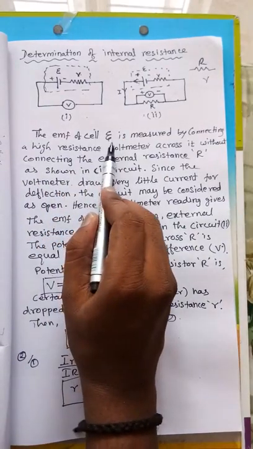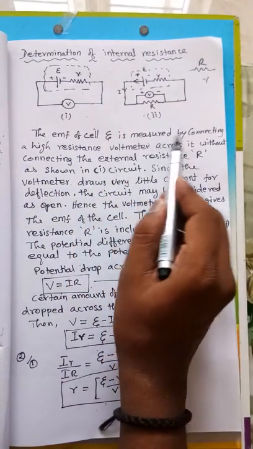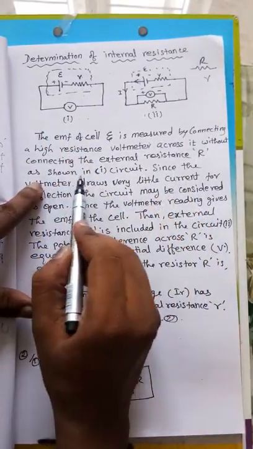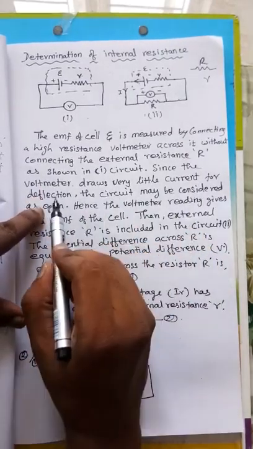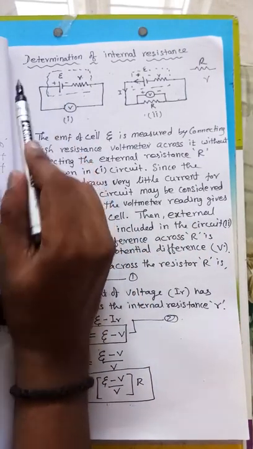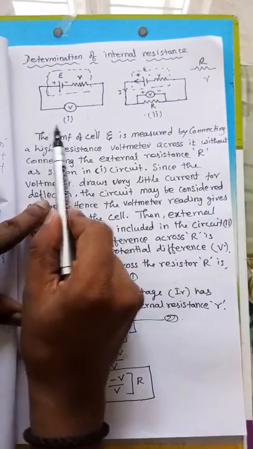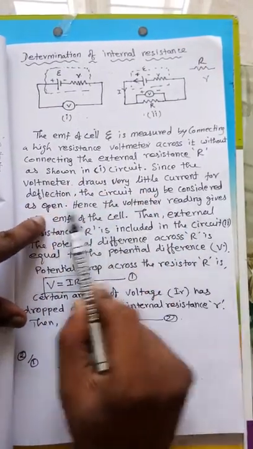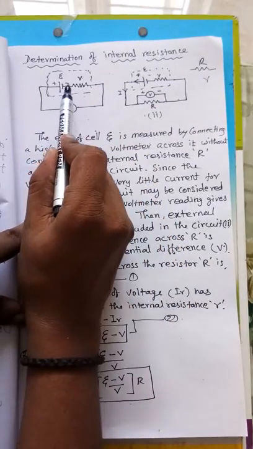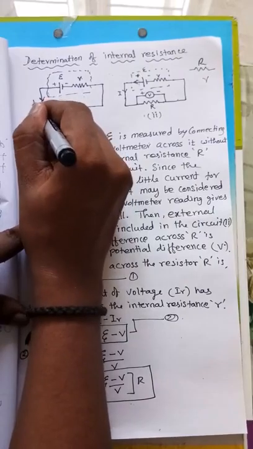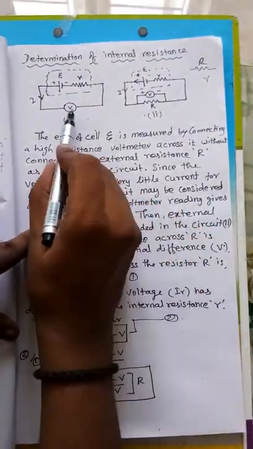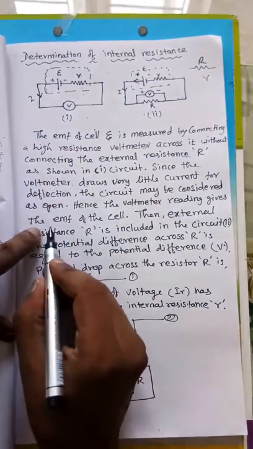So how do we calculate internal resistance? The EMF E of the cell is measured by connecting a high resistance voltmeter across it without connecting the external resistance R. Here there is no external resistance R. The voltmeter draws a very little current for the deflection, so the circuit may be considered as open. From the voltmeter reading you can easily find the EMF of the cell.